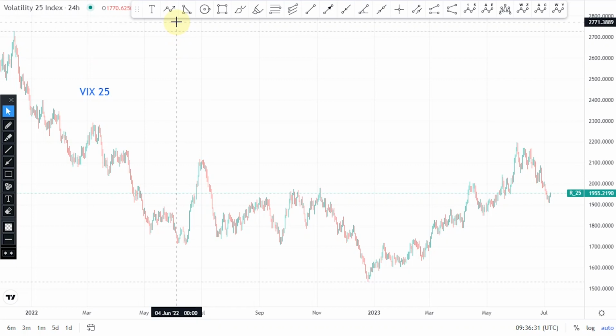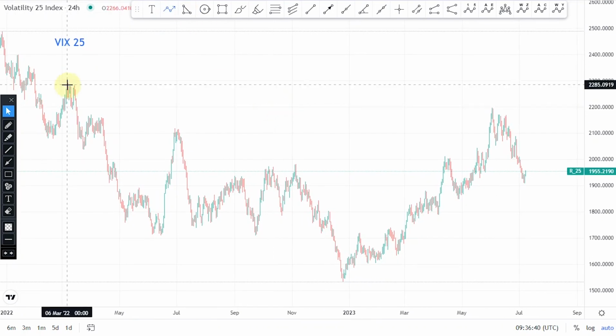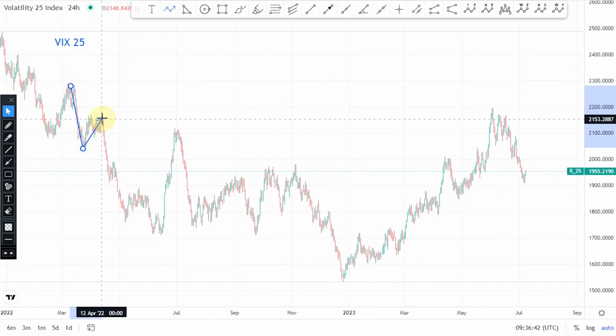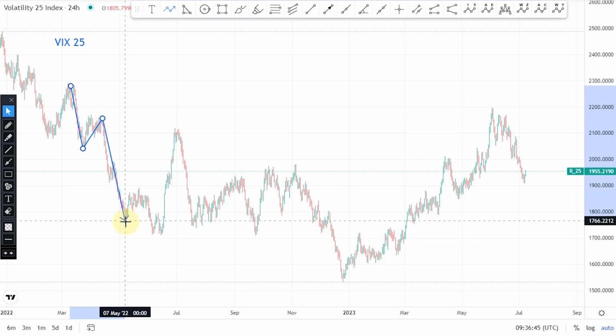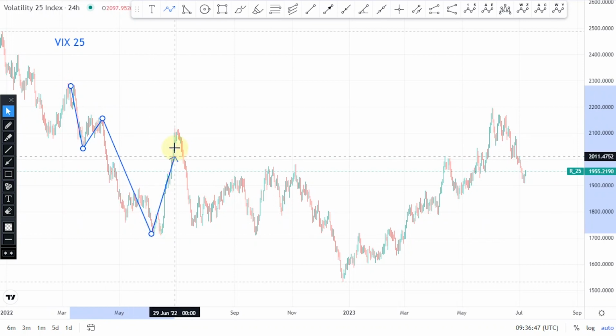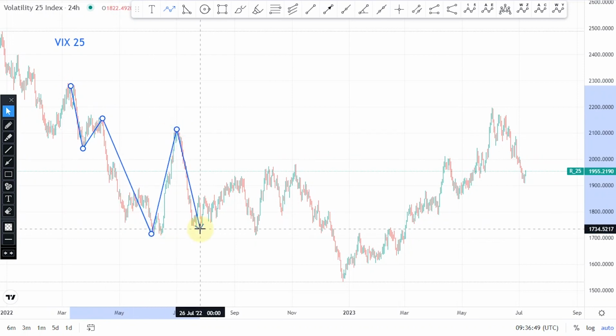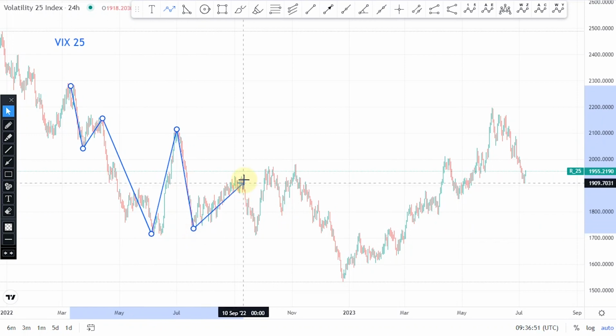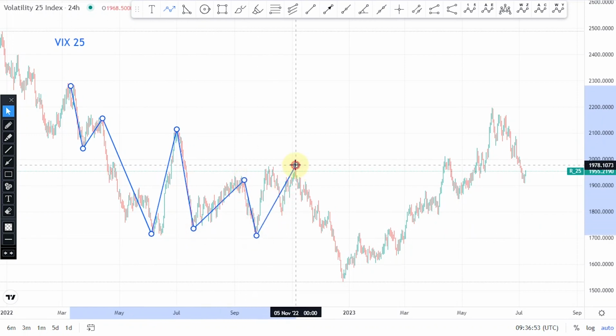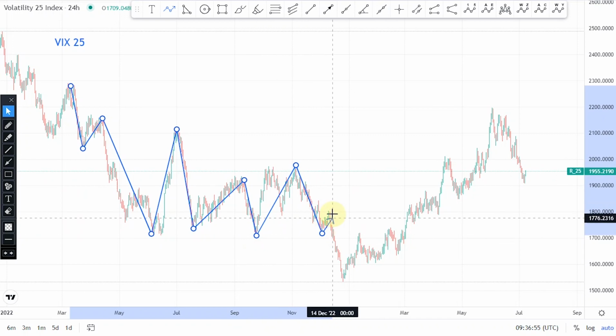I can use so many things to see that, but the most accurate is to use structure. So this is how I'm going to do. I'm going to follow the market. Now some persons might be wondering, how are you marking this market like this?